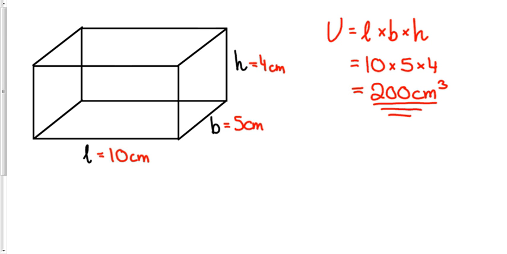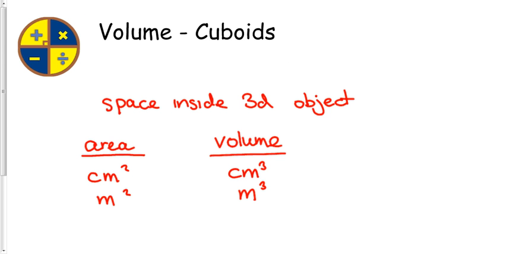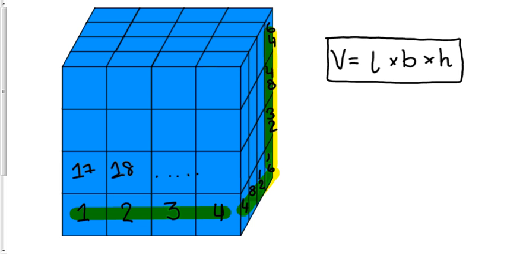Okay, so just a wee recap. So we started off reminding ourselves that volume is the space inside a 3D object, and very, very importantly, we're using these cubic units, not just squared units. We then looked at this cube and came up with our formula: length times breadth times height.